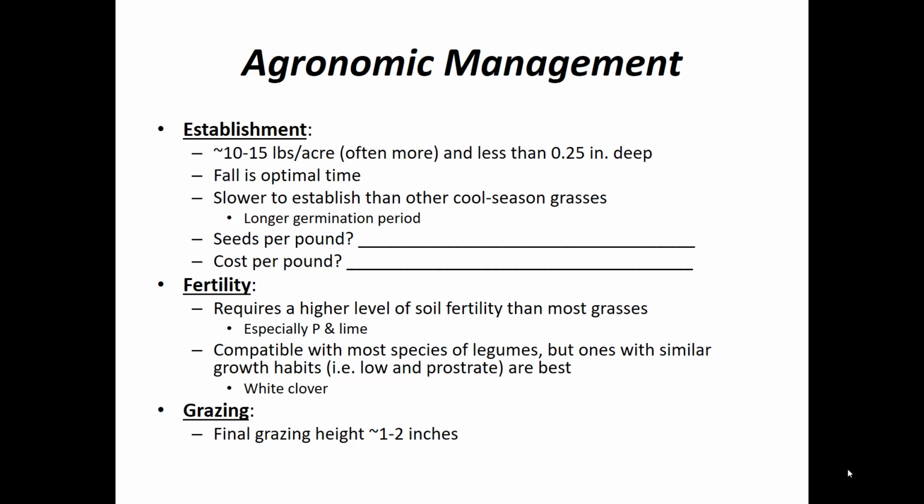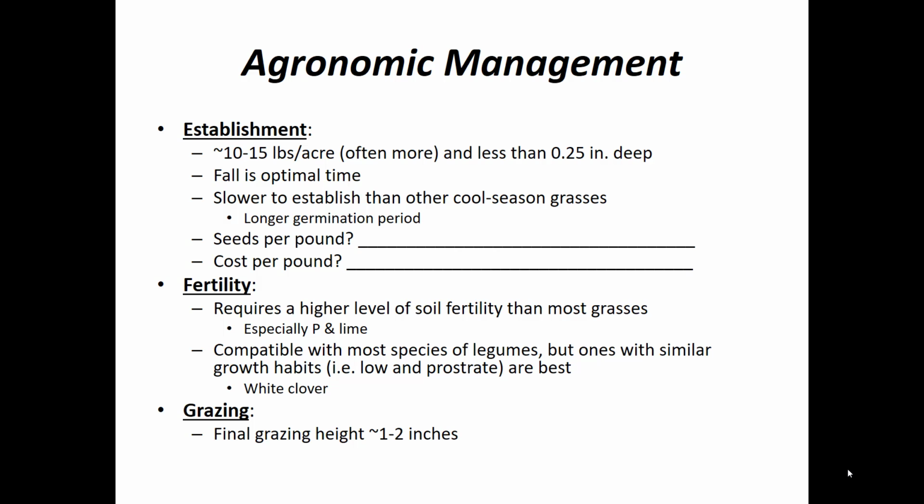And if you want to look up in AGR 18, our seeding guide, for how many seeds per pound, I believe that you'll find that Kentucky bluegrass has over 4 million seeds per pound. If you go to a vendor and price that out, you'll find that it is very cost effective for seeding an acre of ground.